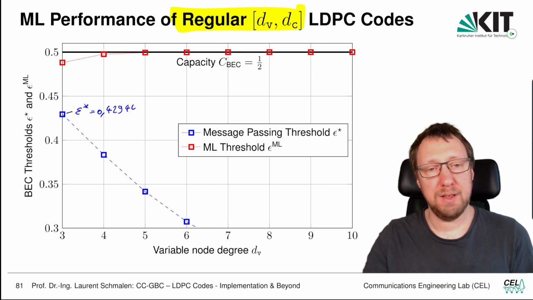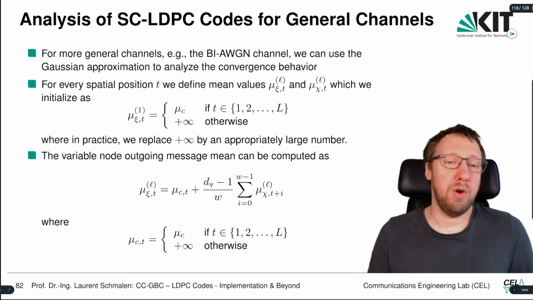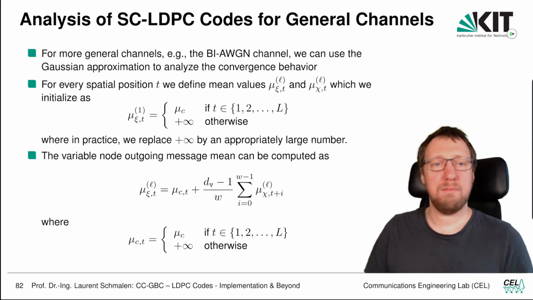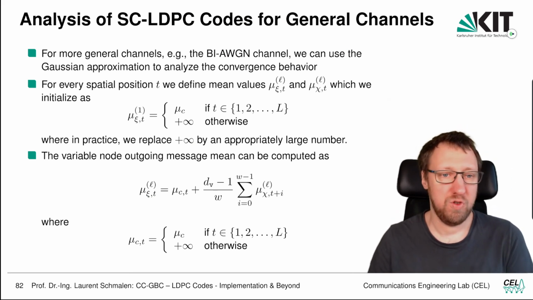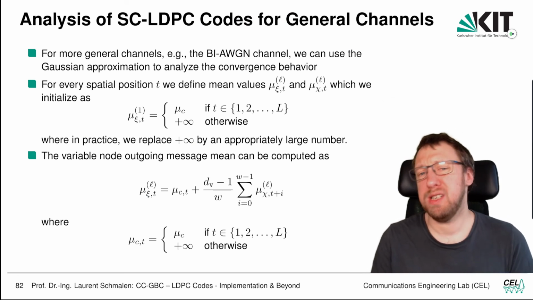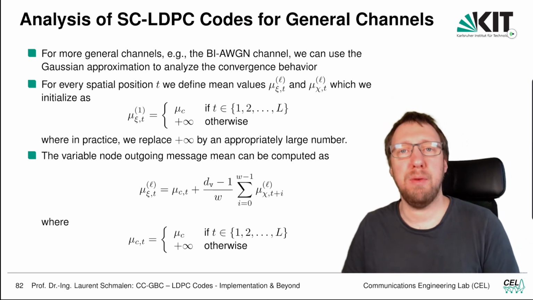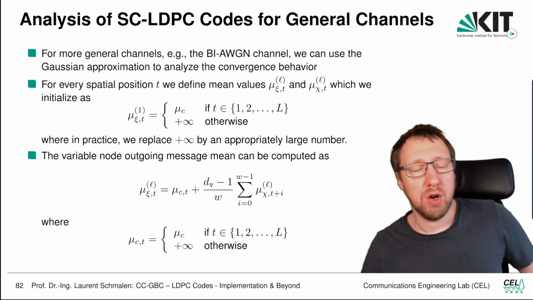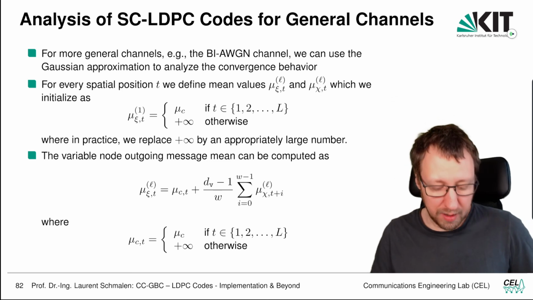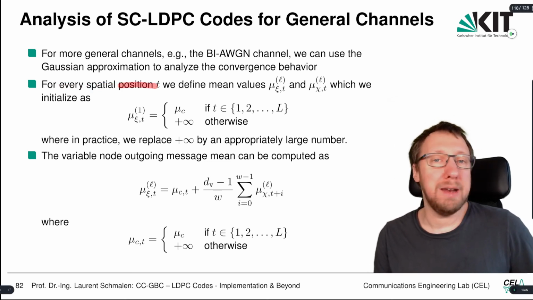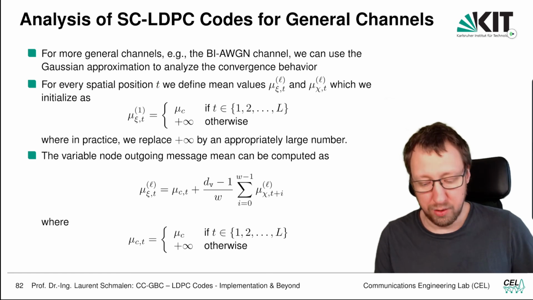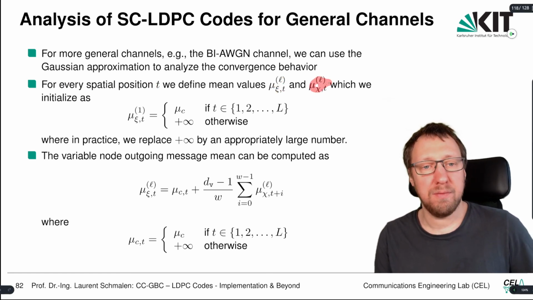Great. So for more general channels, what can we do? Well, we can apply the Gaussian approximation. The way it works is very similar to what we did before, so I'm just quickly going to summarize it. For every spatial position t, we define the means of the Gaussian messages, mu_c,t,l and mu_v,t,l.